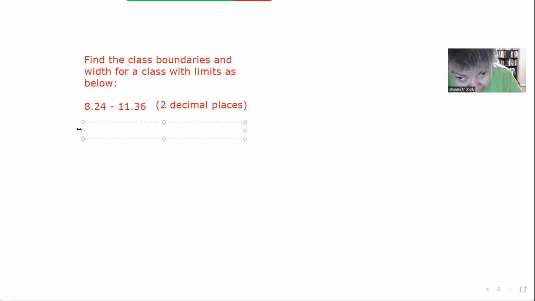Now, sometimes what I encourage students to do, because they're a little bit confused as to what they should do, is make blanks. I know there has to be 3 decimal places, right? So if you don't know what to add, you draw yourself 3 blanks.